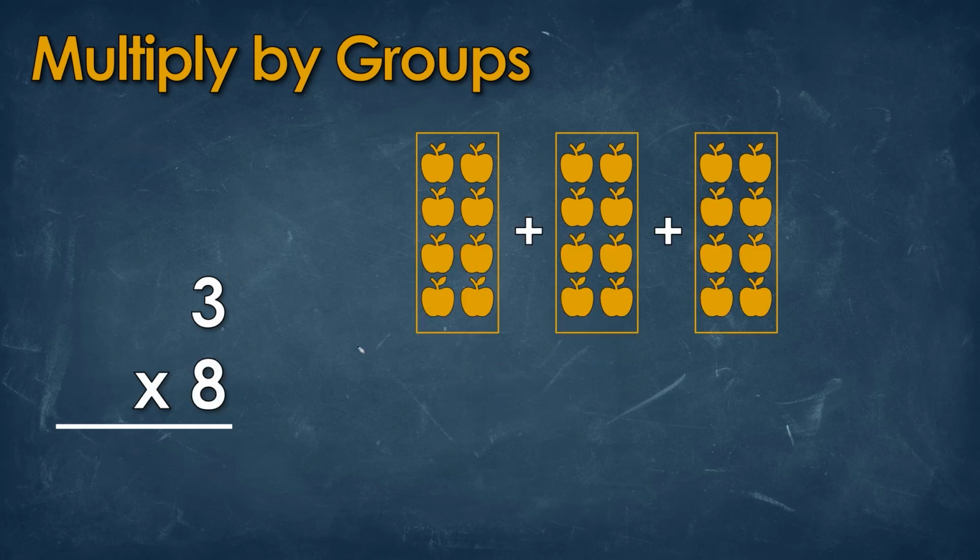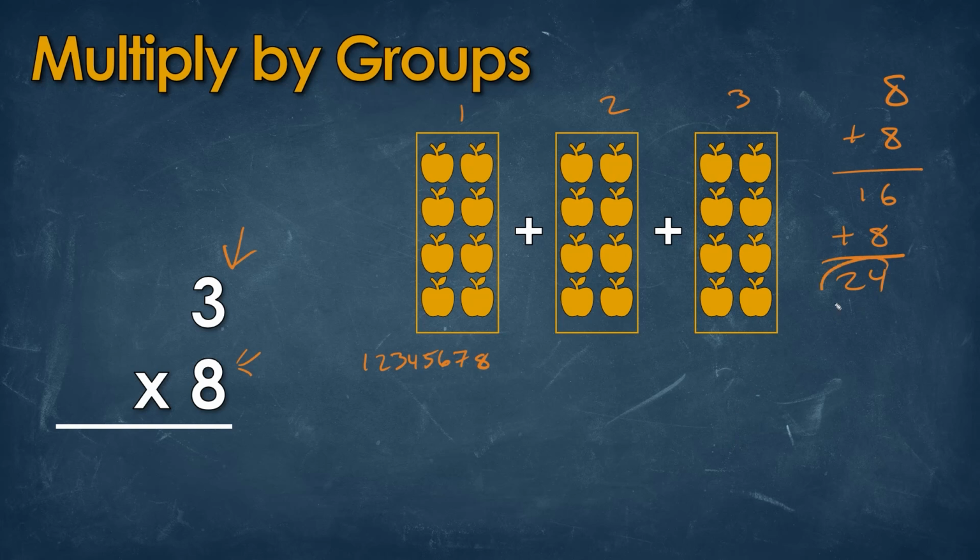Now looking at this example, we have 3 groups with 8 apples in each group. So we have 1, 2, 3 groups, right? And if we count, we got 1, 2, 3, 4, 5, 6, 7, 8. Now we can do this 2 ways. We know that each one of these groups is 8, so we could add those together, right? 8 plus 8 is 16. 16 plus 8 is going to be 24.